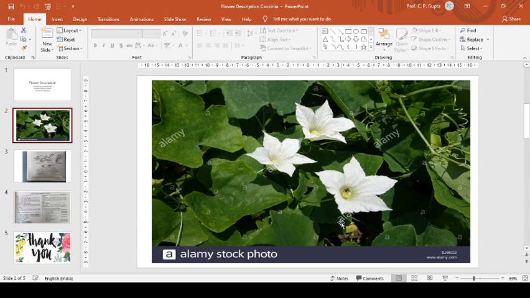Synandrous means stamens united throughout their whole length by both the filaments and the anthers. Filament and anther are united throughout their length. Then the term synandrous comes. They are basifixed, extrorse and coiled.